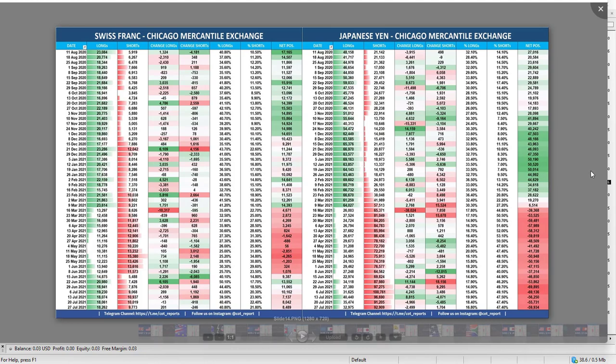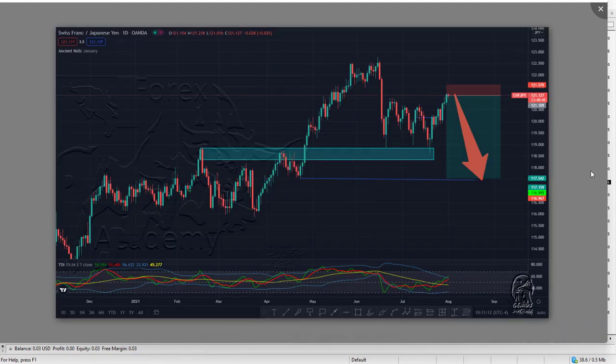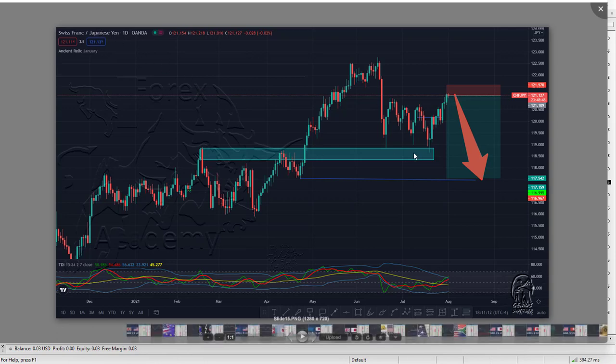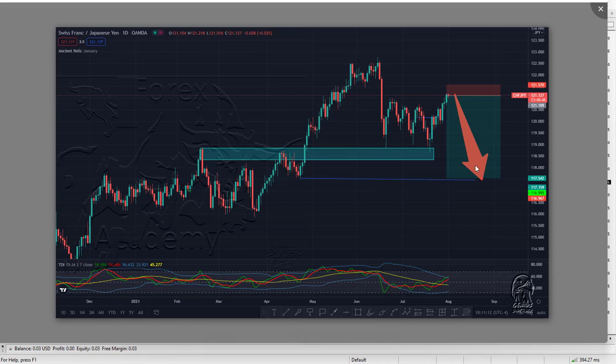Remember how the JPY moves: whenever you see any JPY pair dropping, you'll be expecting that JPY might give us that drop, and I'll be expecting a shark fin around this area, and then the market might drop.